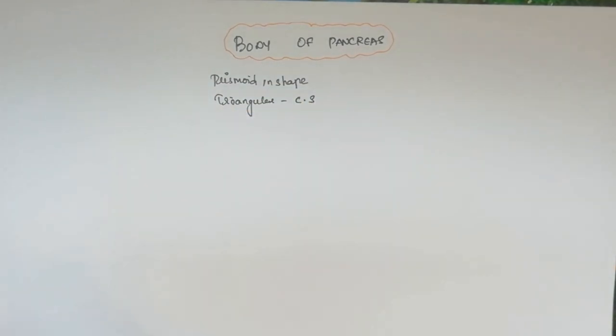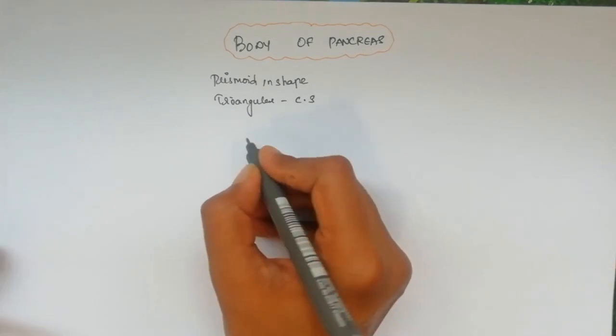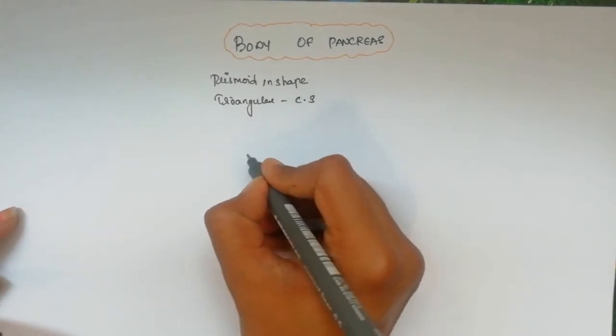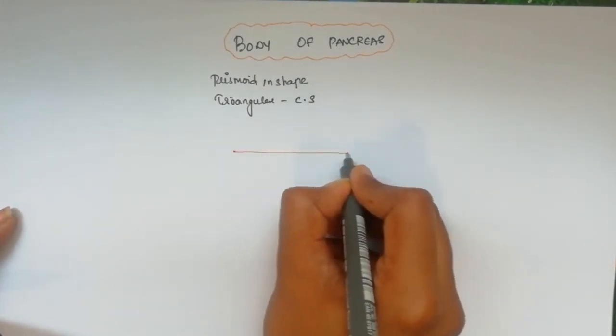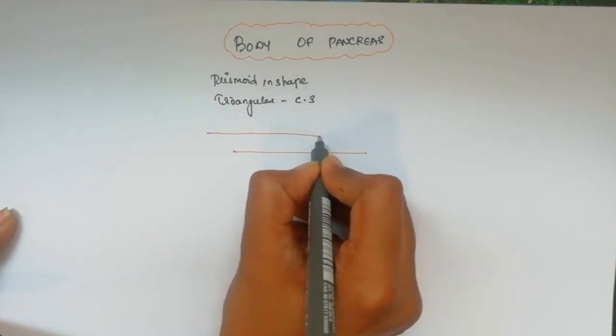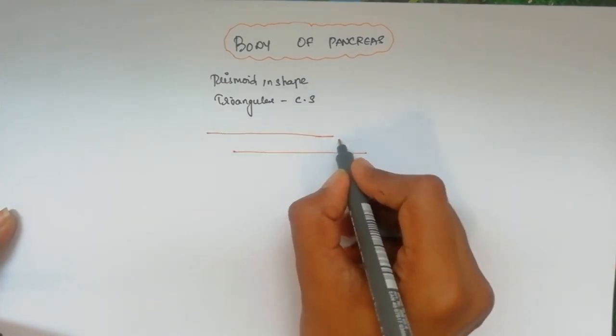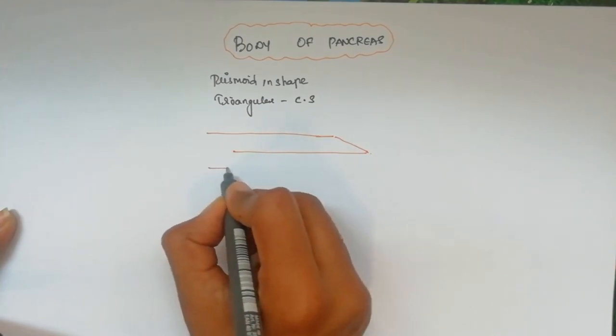So we are going to see how it is divided and what are the surfaces and borders we are getting from this. If you are cutting, it will be somewhat like this. I will just show you an imaginary picture to make you understand.